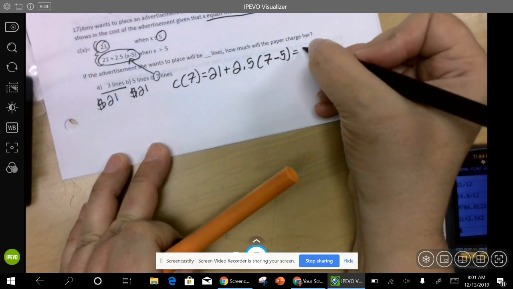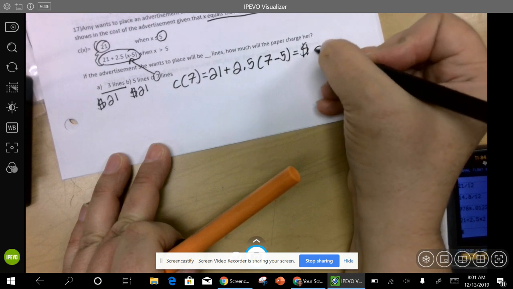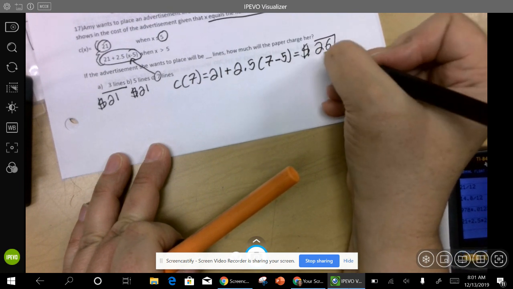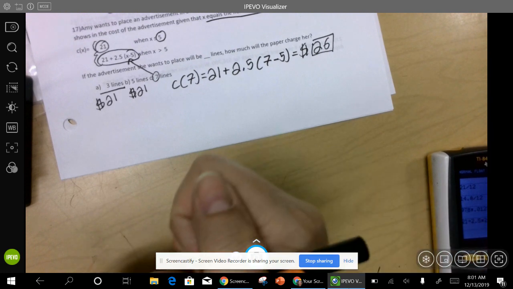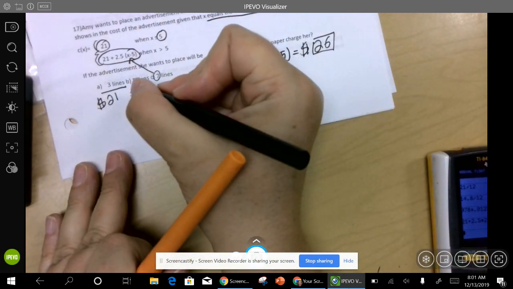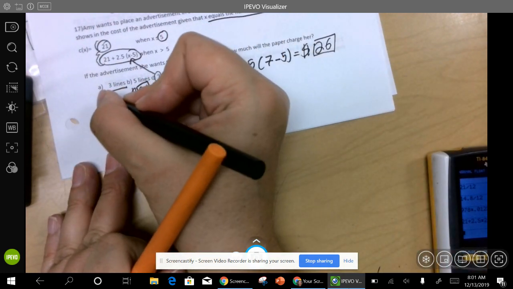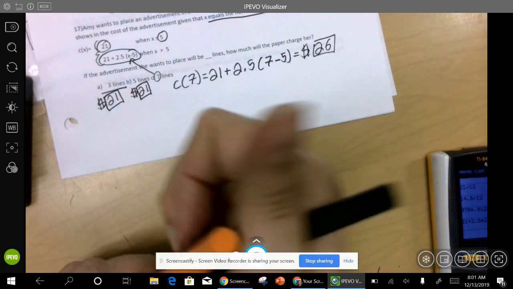Okay, so the cost would be $26 for 7. So remember, everybody, on Canvas, we're just putting in the numbers. No dollar signs or percents.